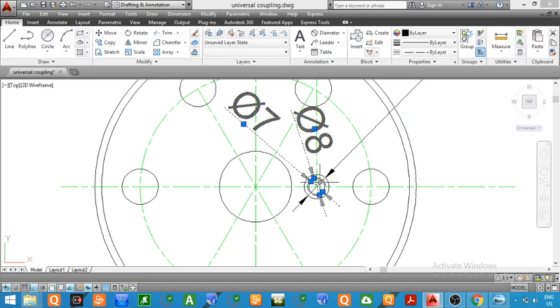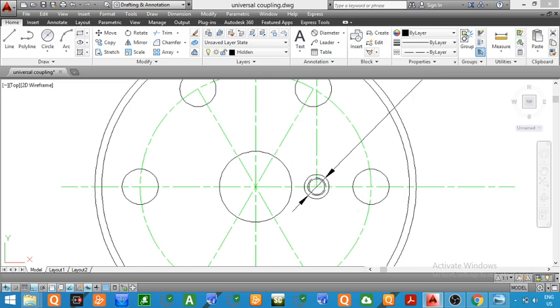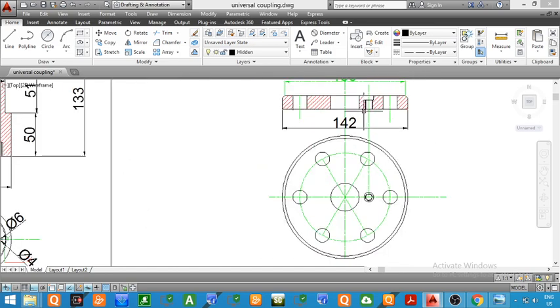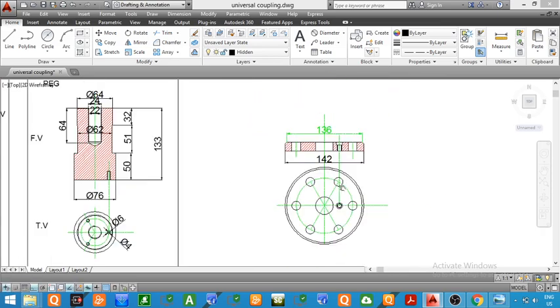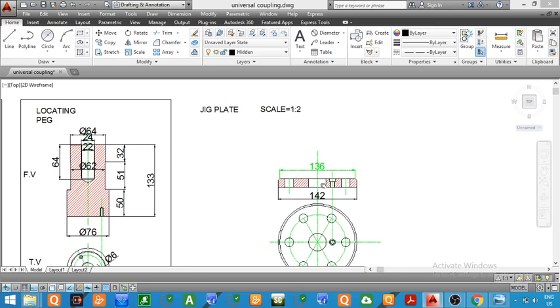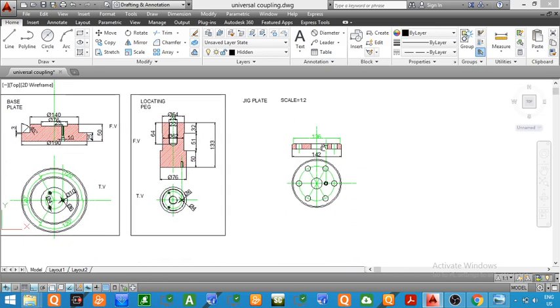So finally we have completed the top view of the jig plate. So this is the front view. This was the front view of the jig plate, whereas this is the top view of the jig plate. Now you can see we have given it diameter as figure.